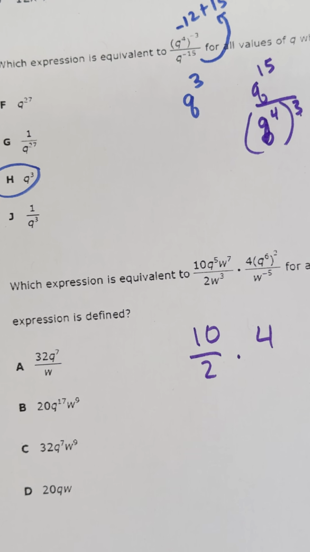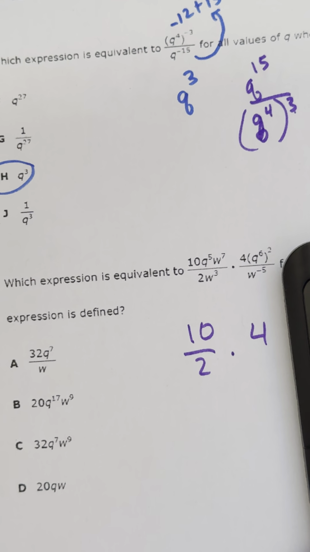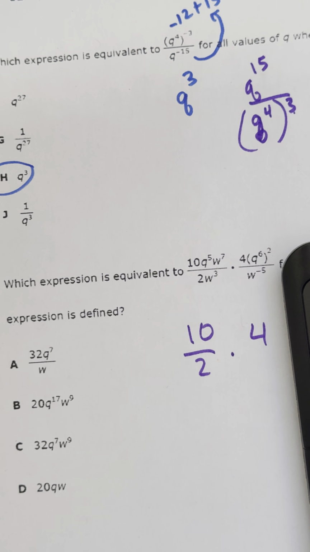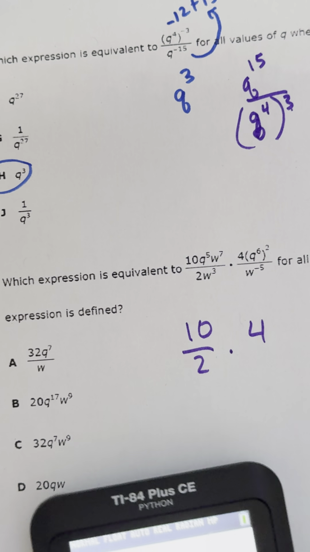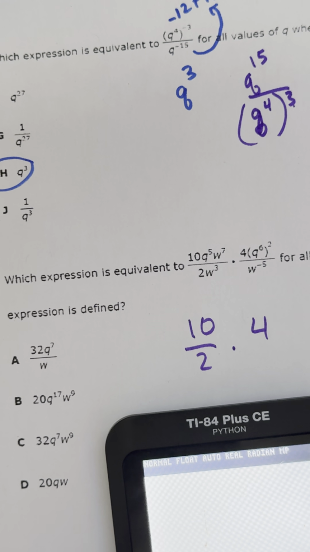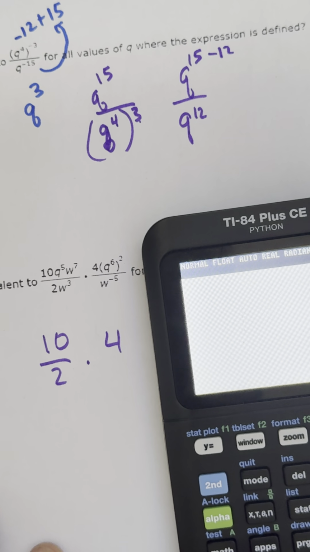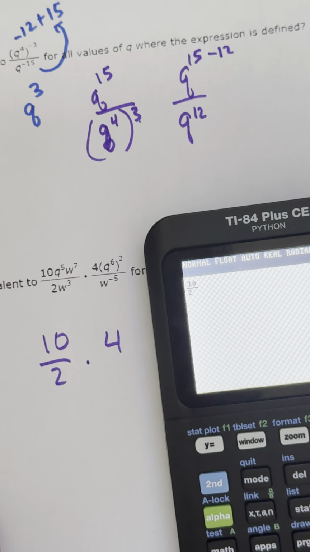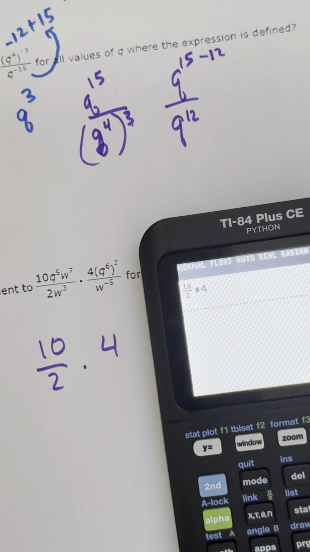Now, can I do that in my head? 100%. But you can also do it by calculator. So alpha, 10 over 2, which of course is 5, times 4 is 20. So times 4, press enter, and you get 20.